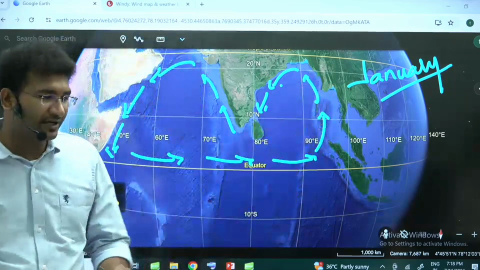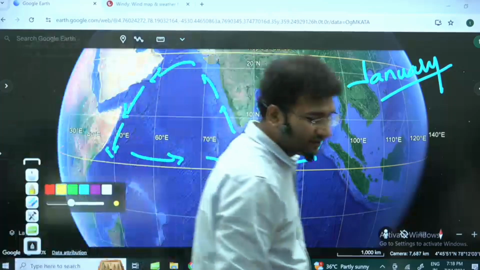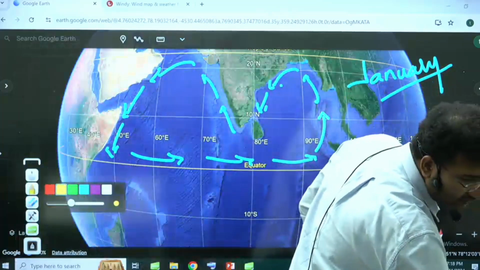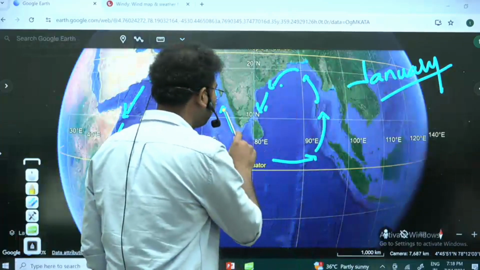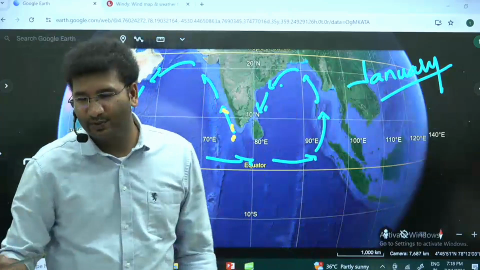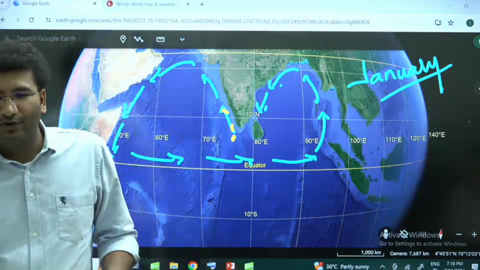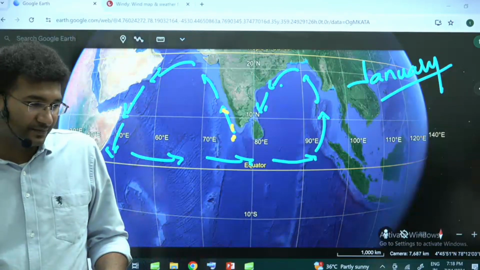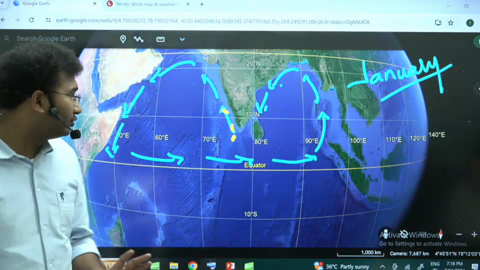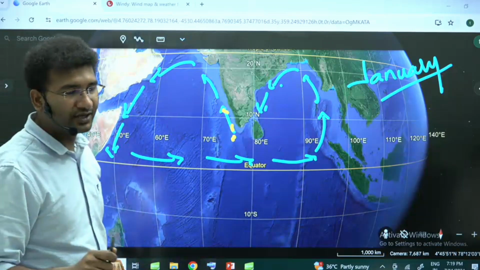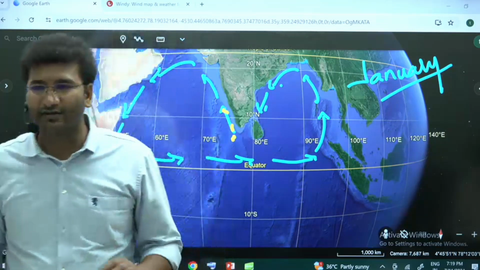That's it. Not much variation is there. In your atlas also it will be given that in January only this part will be little cold. But there's not much variation in the Indian Ocean. A uniform kind of temperature you will get to see. Usually, you should be having in the month of June and July very warm temperatures on the western coast.